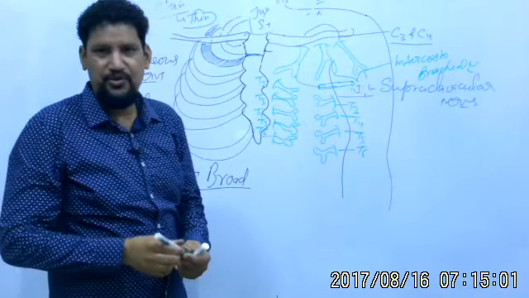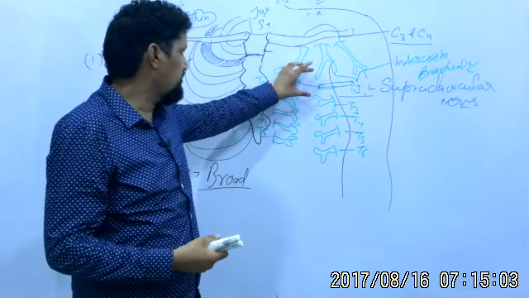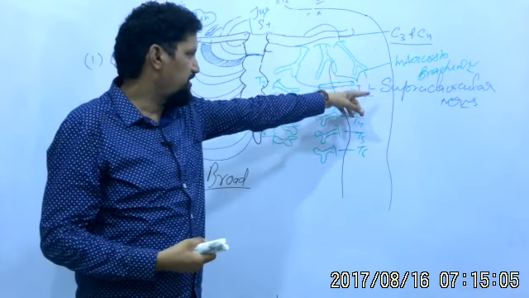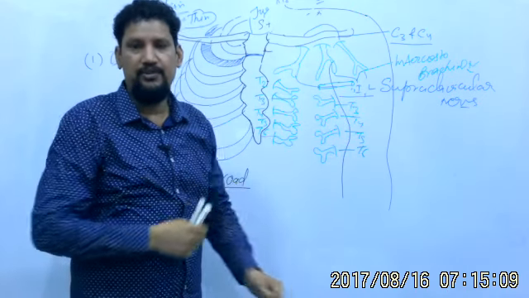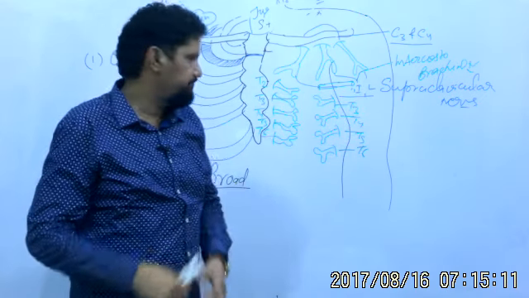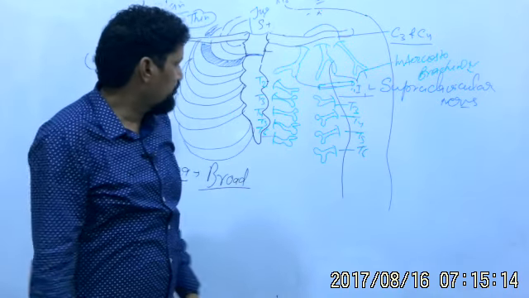The term intercosto is derived from the intercostal spaces and brachial is derived from the brachium. The arm is also known as brachium. So this is the intercostobrachial nerve.